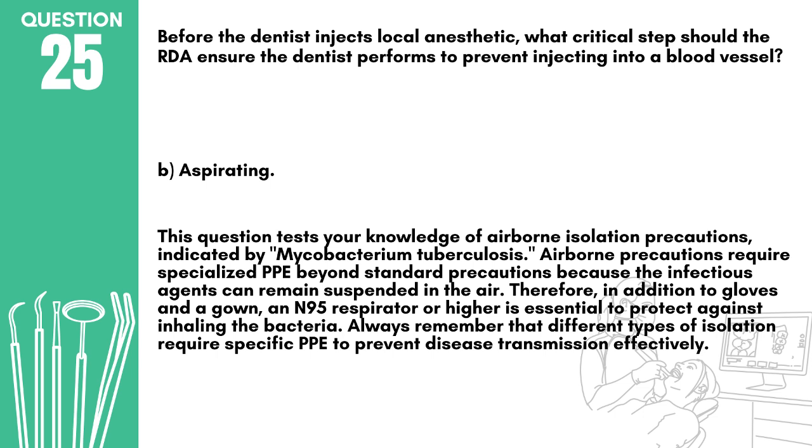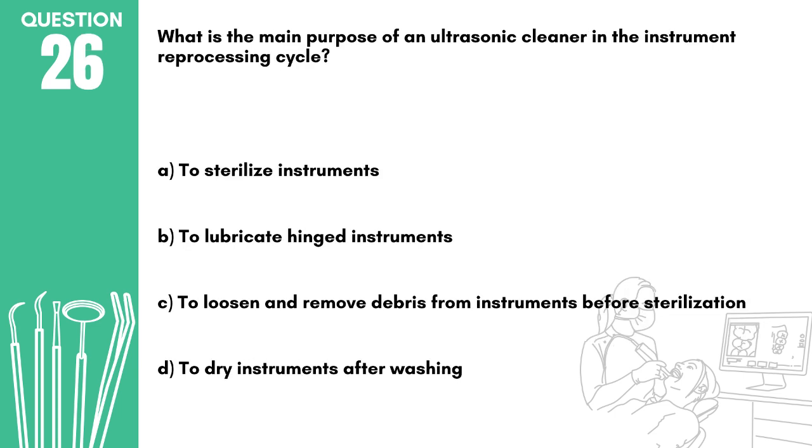Recapping is for safety after use, wiping with alcohol is for disinfection, and nitrous oxide is for sedation, not vessel detection. For example, you might observe the dentist perform this aspiration step every time before slowly delivering the anesthetic. Always remember that aspiration is a quick, critical check to ensure the anesthetic is deposited in the correct location, away from blood vessels.